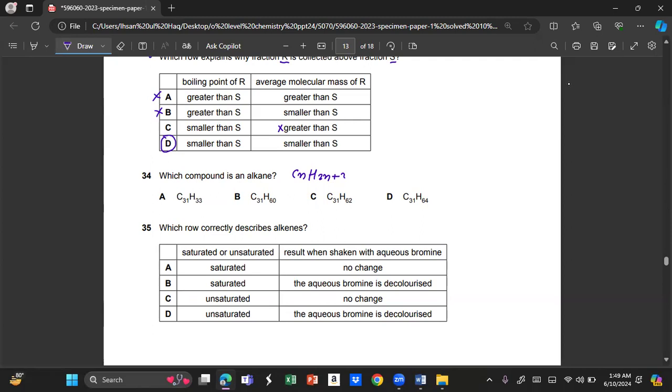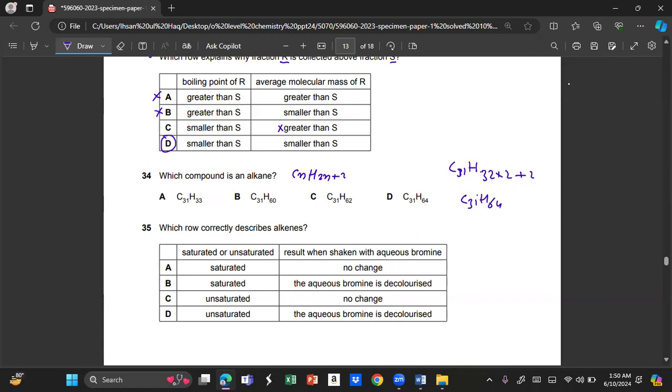So if you see this carbon 31, if n is 31, let's say, that means hydrogen should be 31 times 2 plus 2. Hydrogen should be 31 times 2, which is 62, plus 2, 64.